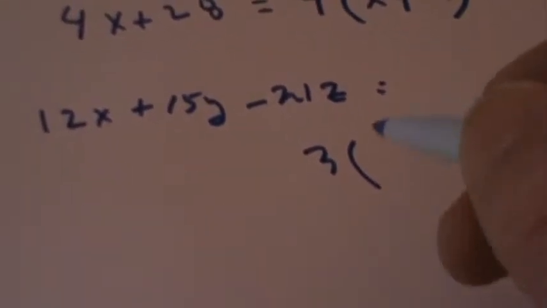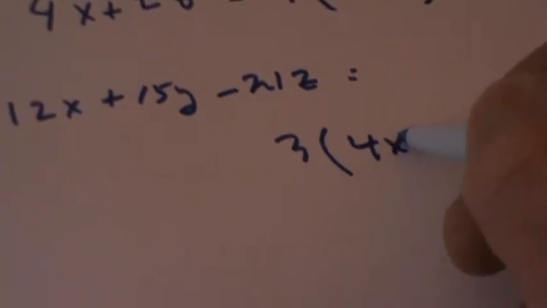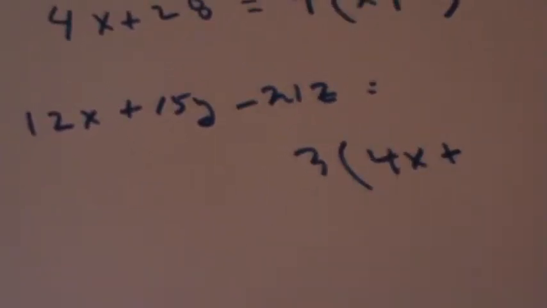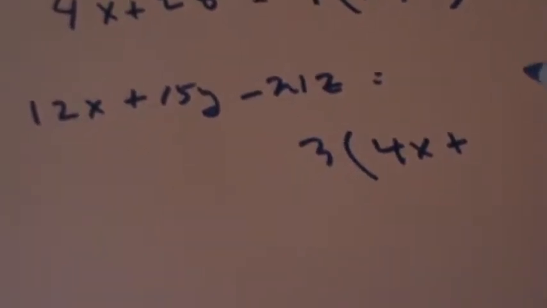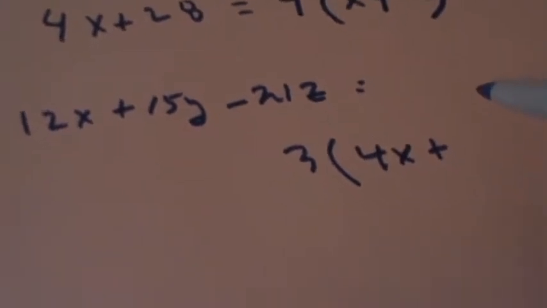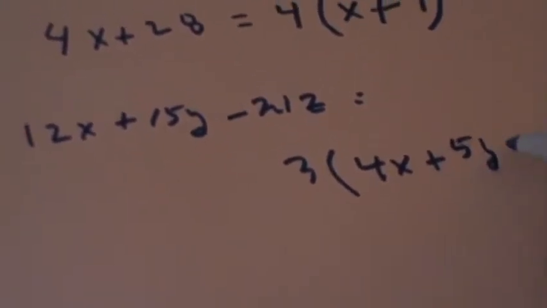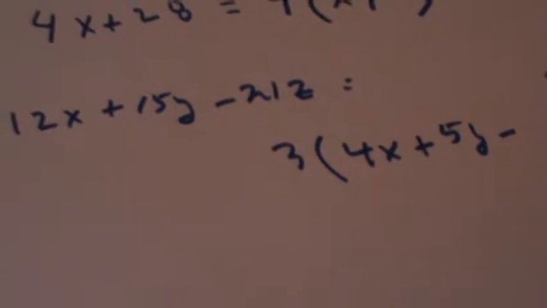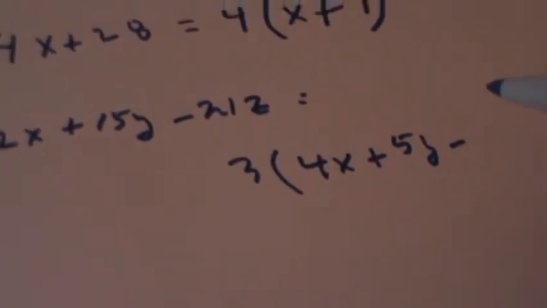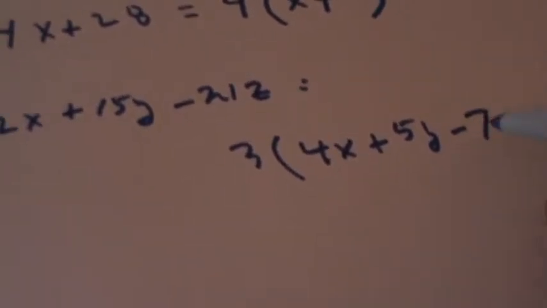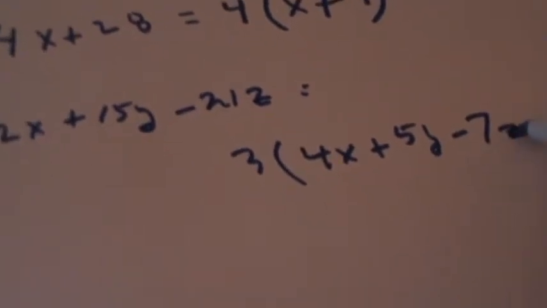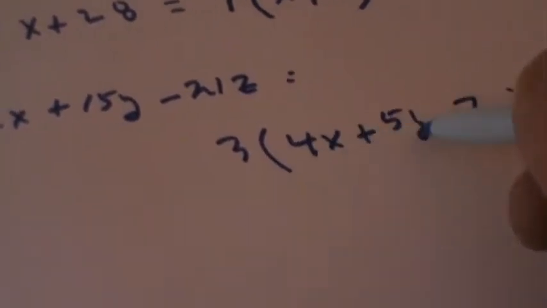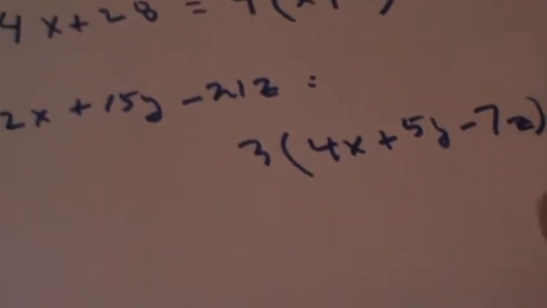That turns out to be 4x. Plus 3 times what gives you 15y. That turns out to be 5y. We go minus, so 3 times what gives you 21z? That would be 7z, because 3 times 7 is 21. So you've got again 3 times 4x plus 5y minus 7z.